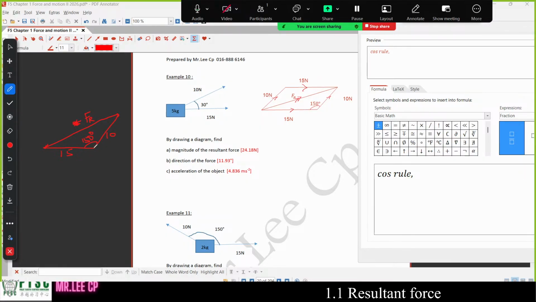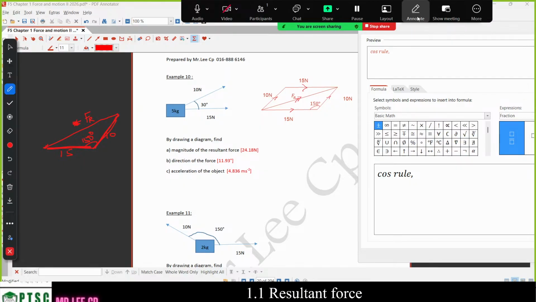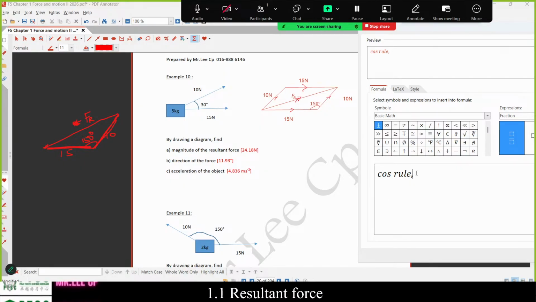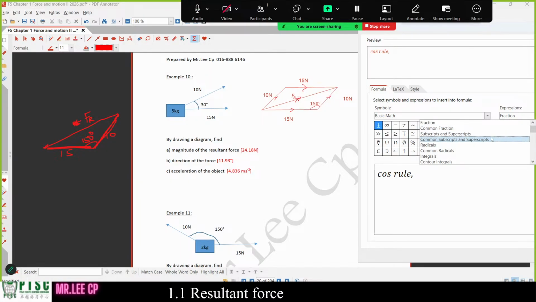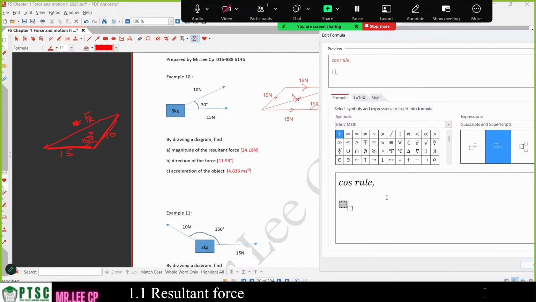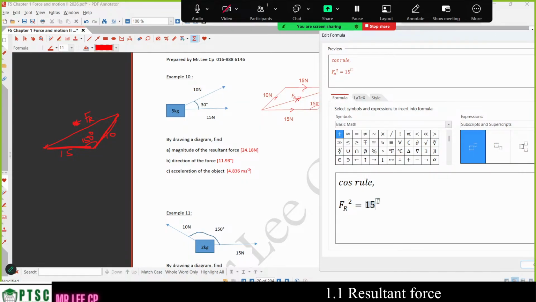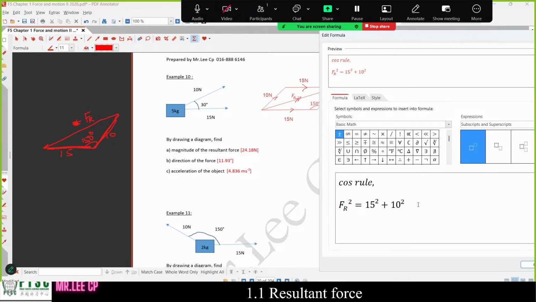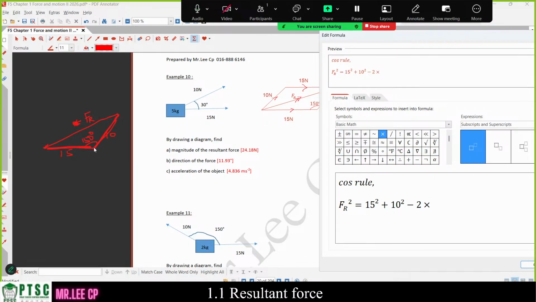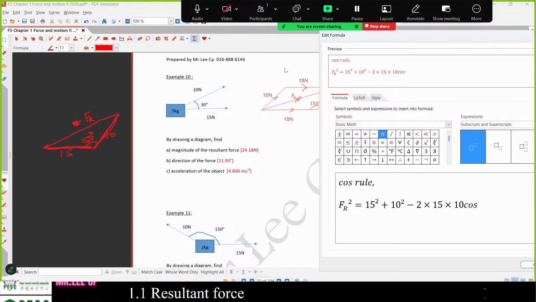FR squared is equal to this side squared plus this side squared, two sides squared, minus 2 times this one and this one, 15 and 10, cos of the angle 150. So FR squared equals 15 squared plus 10 squared minus 2 times 15 times 10 times cos 150.